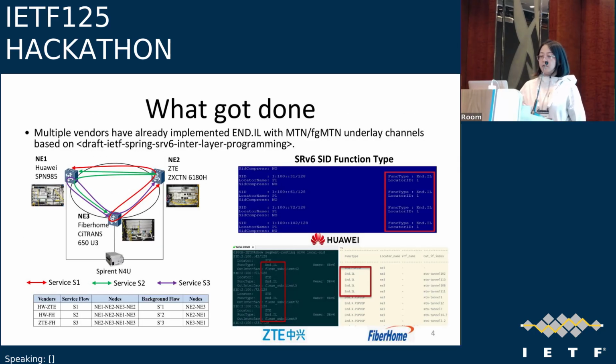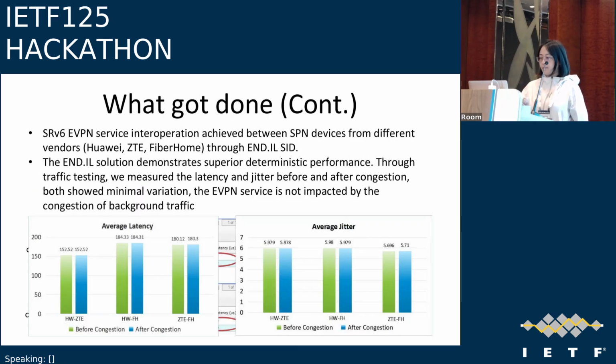What we have done here involves three vendors: Huawei, ZTE, and FiberHome. They have already implemented the NIL with the MTN and FG-MTN underlay channels. Based on our draft in SPRING, each piece of equipment can be configured with the NIL.